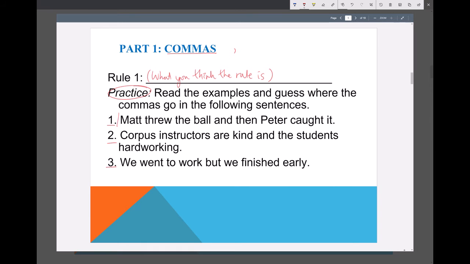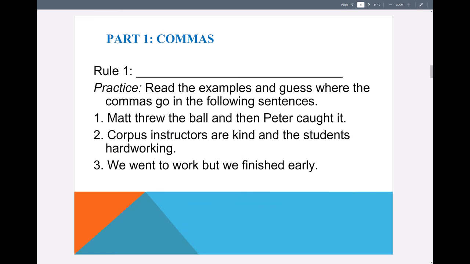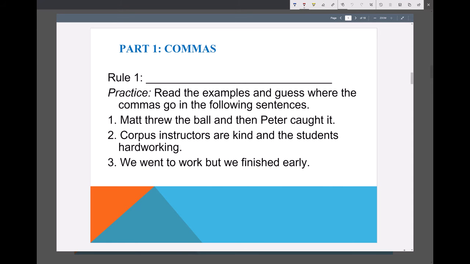And try to put a comma in this long sentence and see where the comma should go. I'll do the first one. It reads, Matt threw the ball and then Peter caught it. So I got my subject and verb and object here, and then Peter, subject, verb, object.